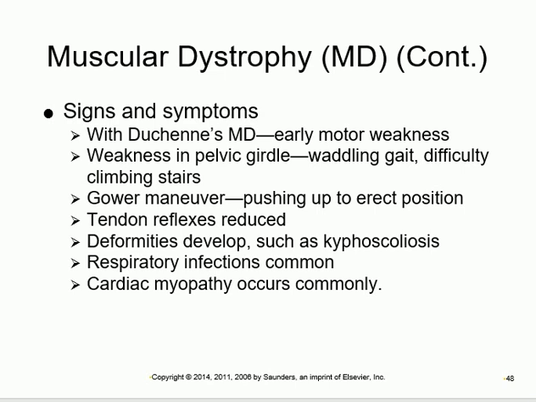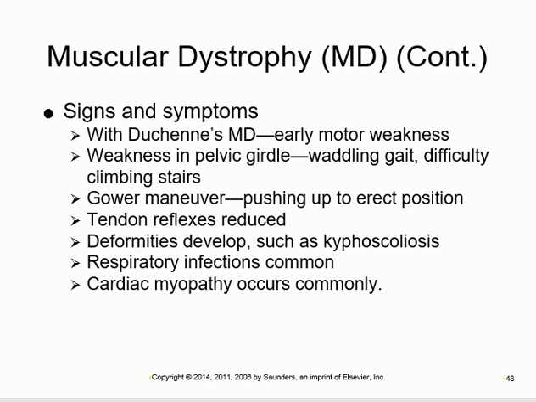Very important to remember about Duchenne muscular dystrophy is that the pelvic region is very weak, so they go waddling and they cannot climb the stairs. If you ask them to climb the stairs, they go like 4 or 5 steps, that's it. I can't go more than that. This is diagnostic. This is important to remember.